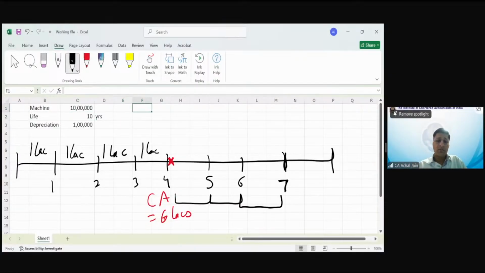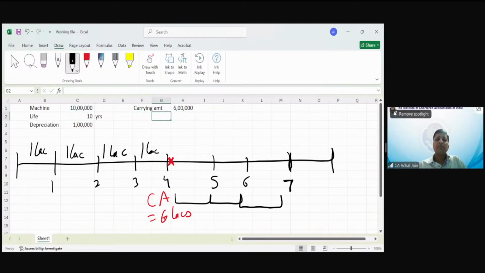Now if we look at the carrying amount of the machine, that is 10 lakhs minus 1 lakh into 4, which is 6 lakhs.